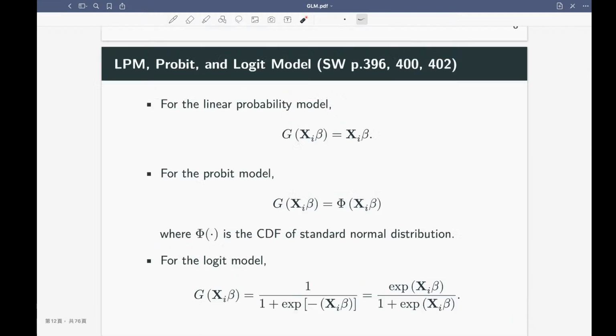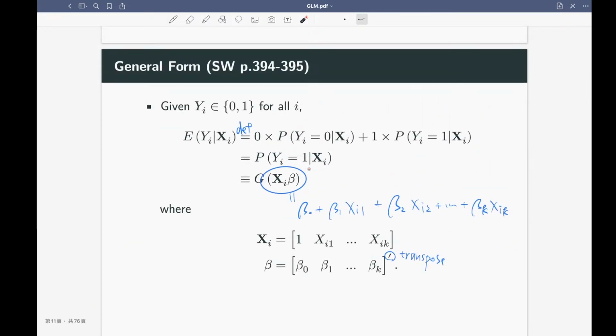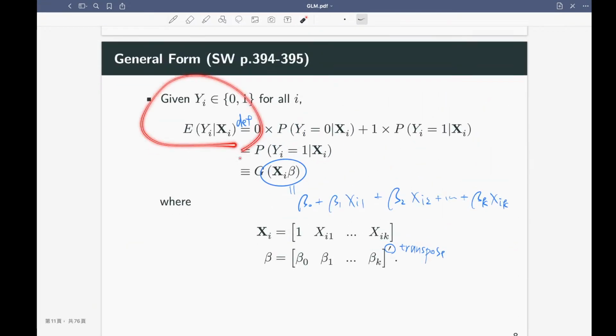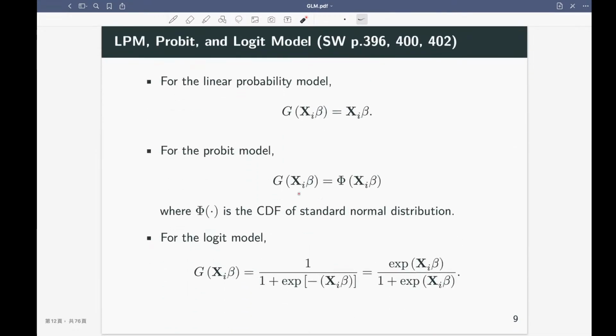Because we focus on the expected value, we focus on capital G, so we use the normal CDF here, the CDF of the standard normal distribution. A standard normal is a normal distribution with mean equal to 0 and standard deviation equal to 1, so the variance is also 1.